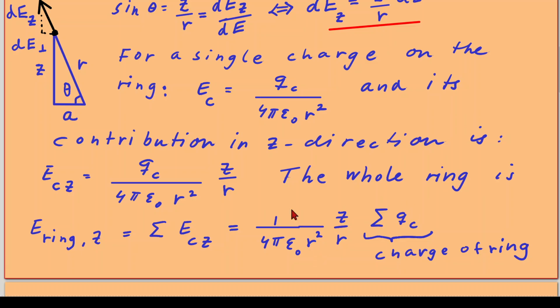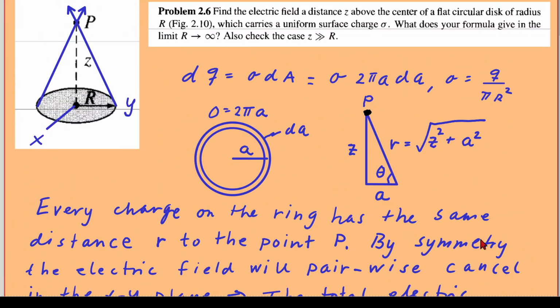The sum of all the charges around the ring is of course the charge of the ring. This ring is an infinitesimal element, a very thin ring, so it's not a big charge.